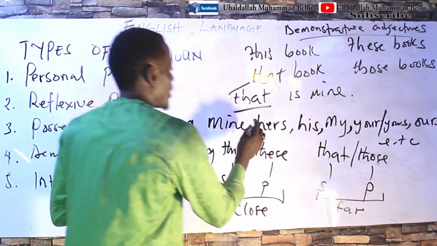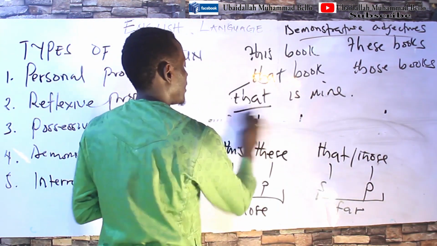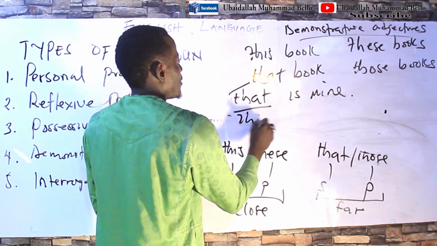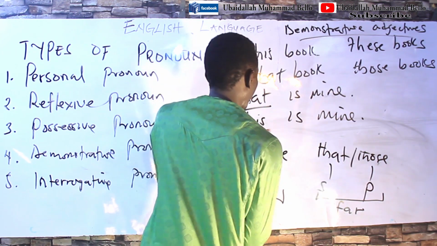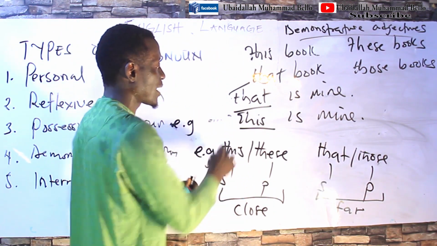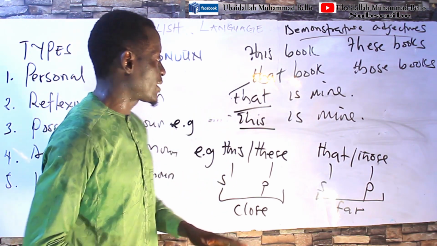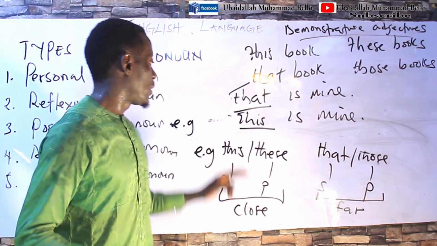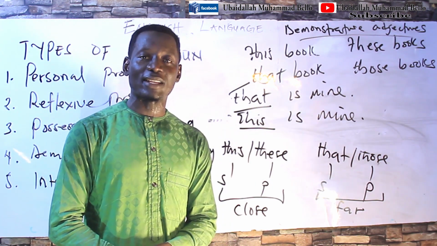You can also say this is mine. Okay? At the same time, you have this as a pronoun because it is used instead of a noun. Are we clear with that? One thing you should do is how do we differentiate these two sentential structures?